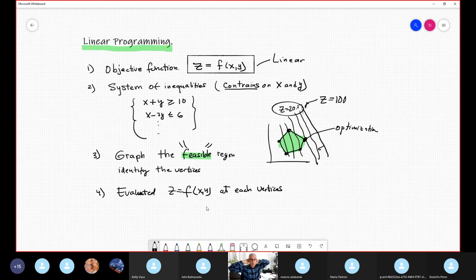You are doing the graph of the inequality, exactly the same as we did before. You obtain the feasible region, and you evaluate the objective function one by one in each corner, and you take the maximum or the minimum depending on what you want. You want to optimize or minimize.